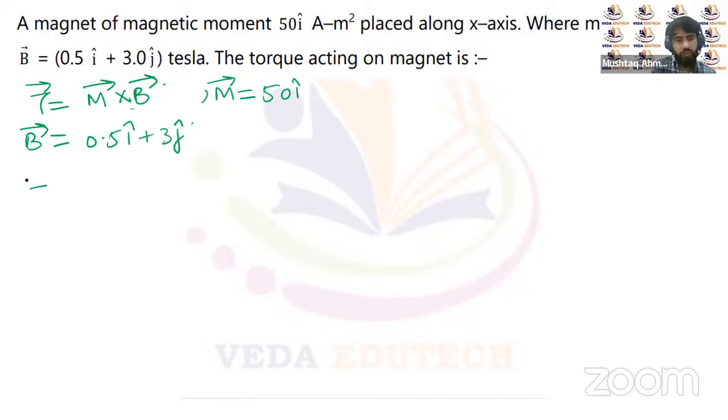So the torque on this magnetic object will be M cross B, that will be 50 i cap crossed with 0.5 i cap plus 3 j cap.